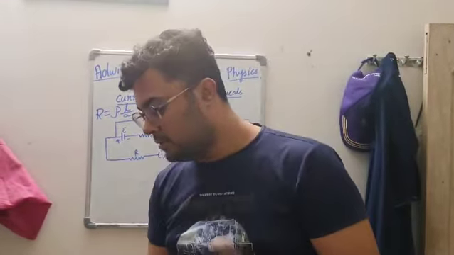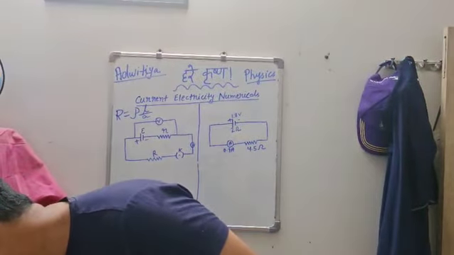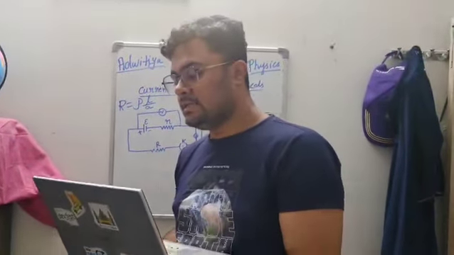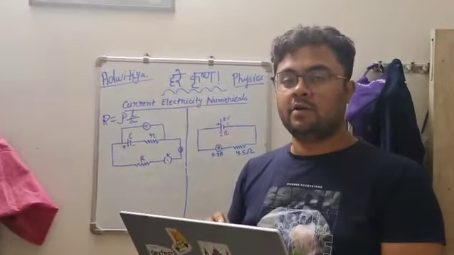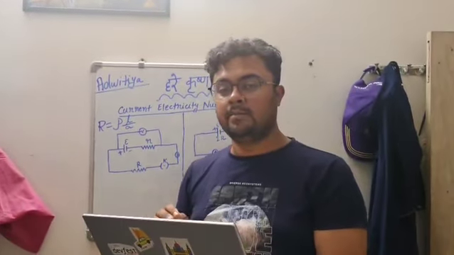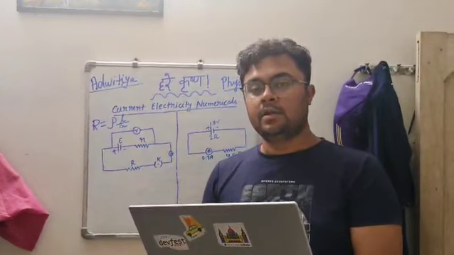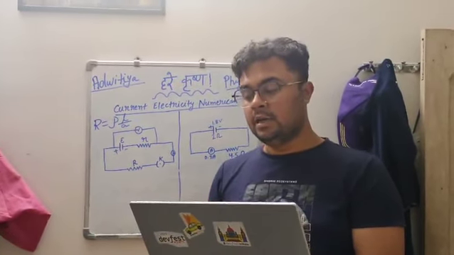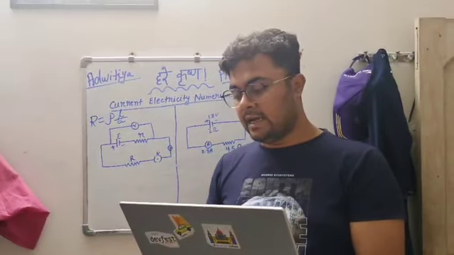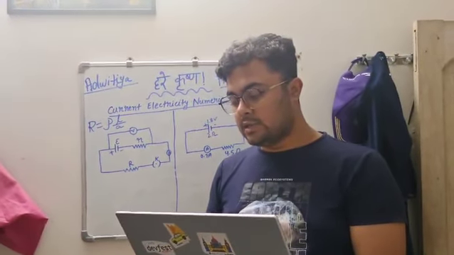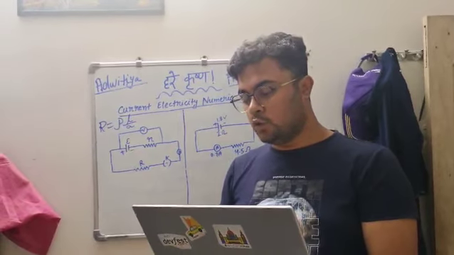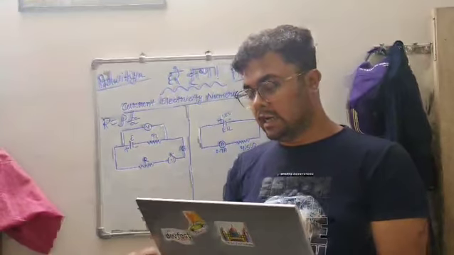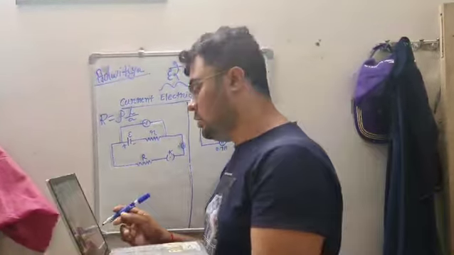Let's read the question. This question is from the ICSE class 10 book, Selina, which is easily available online. The question says, the diagram in the given figure shows a cell of EMF E equals 2 volt and internal resistance r equals 1 ohm.